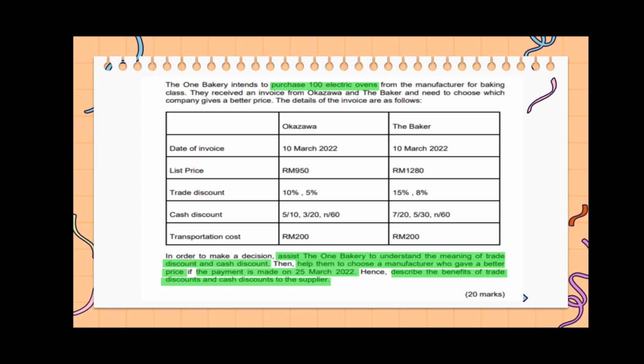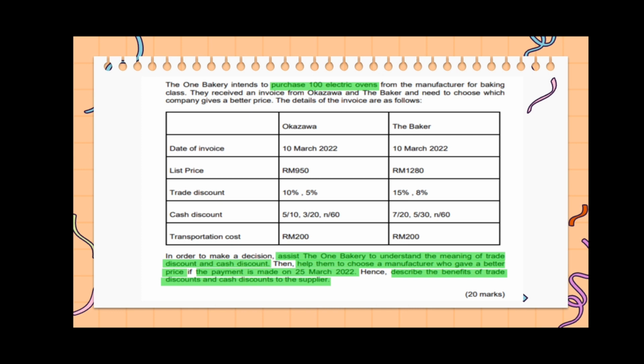So the question is, in order to make a decision, assist One Bakery to understand the meaning of trade discount and cash discount. Then help them to choose a manufacturer who gave the better price if the payment is made on 25 March 2022.